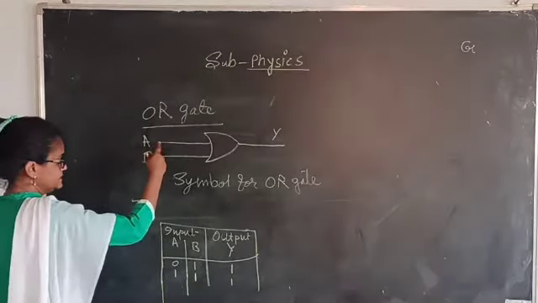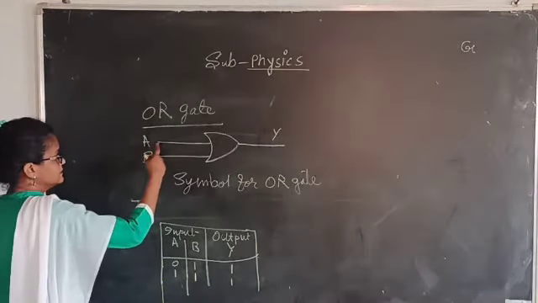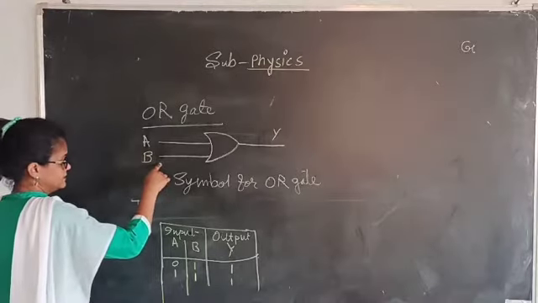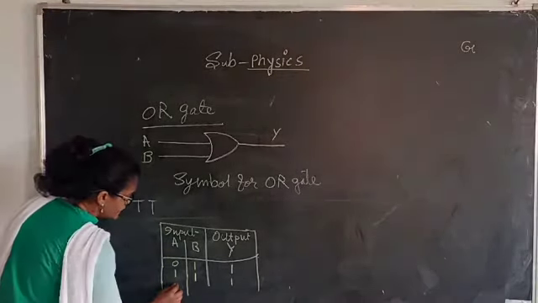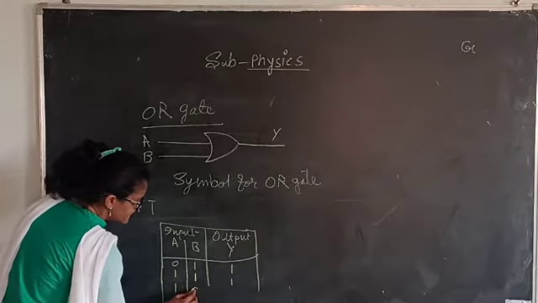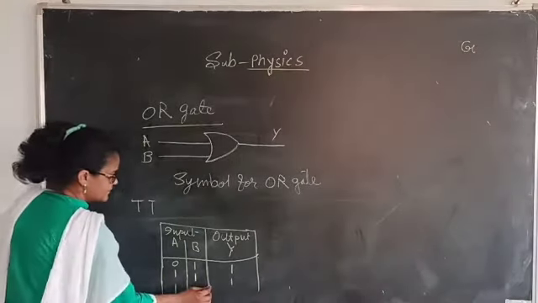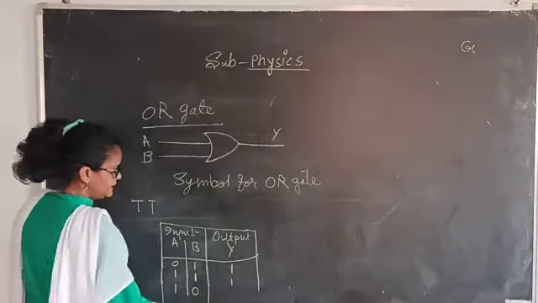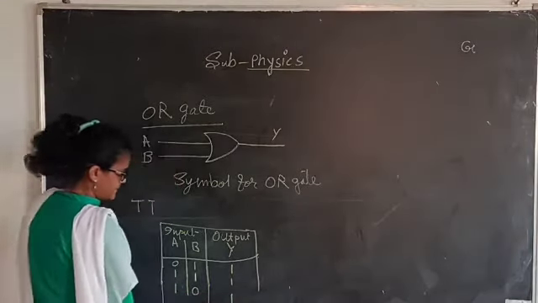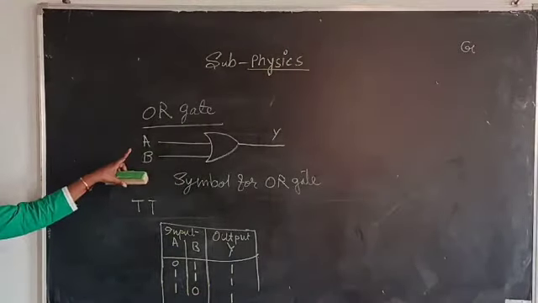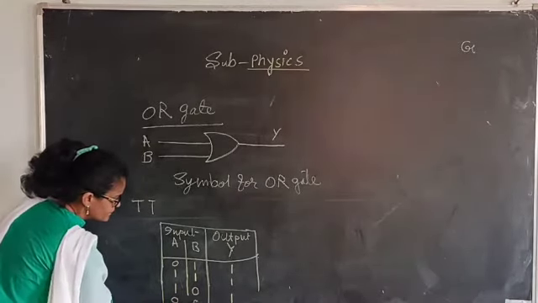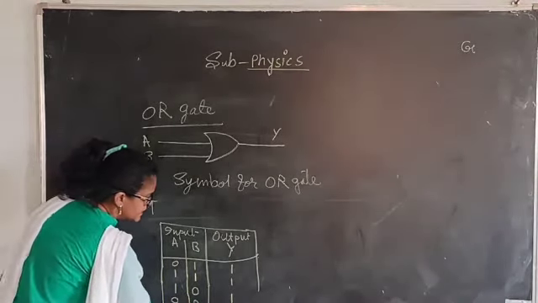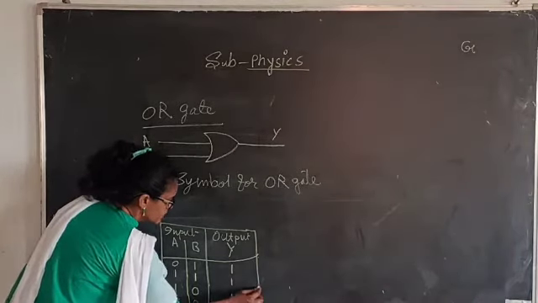Now we'll consider A as 1 and B as 0. Again the output will be 1. And suppose both the inputs are 0, then the output will be 0.